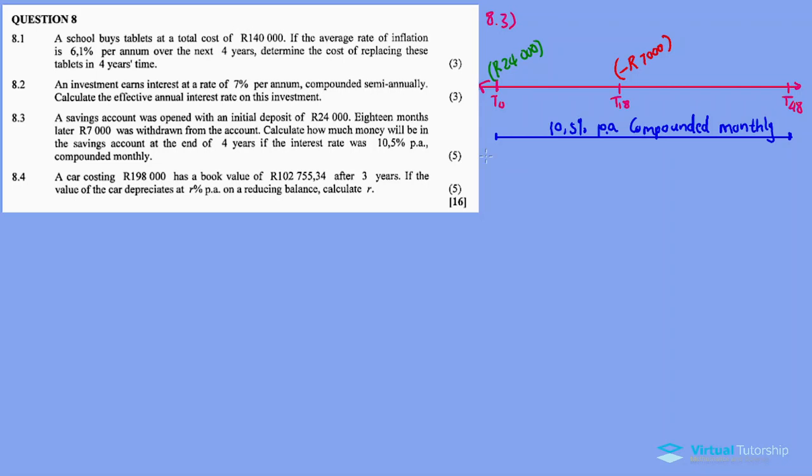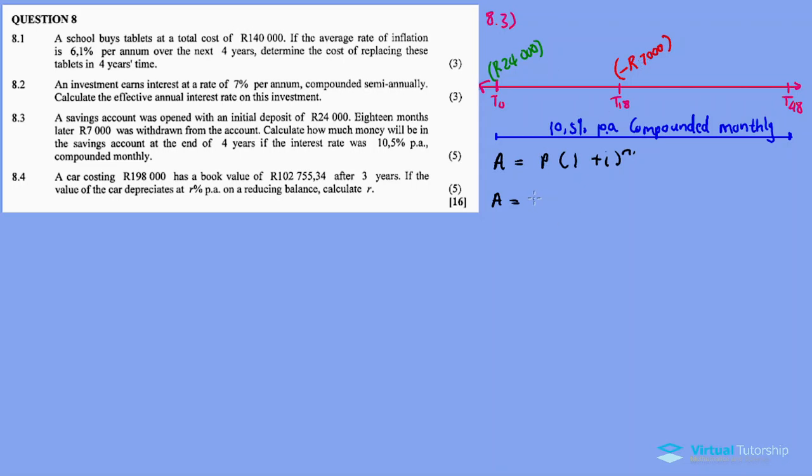So sizosebenzisa our A equal to P(1 plus i) exponent n. So sebenzisa compound interest formula, but the principal amount is the 24,000 and this withdrawal.